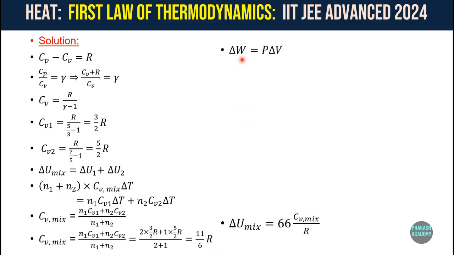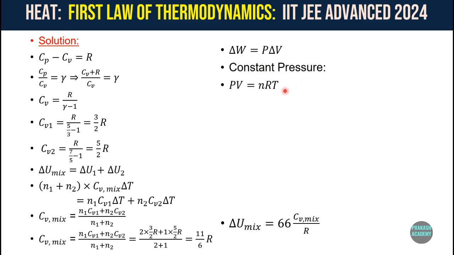Now in the problem we have been given the work done at constant pressure. At constant pressure, delta W is P times dV, and I can take P outside of the integration because it is constant.